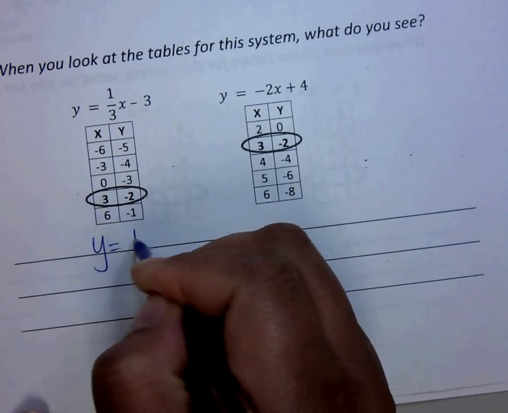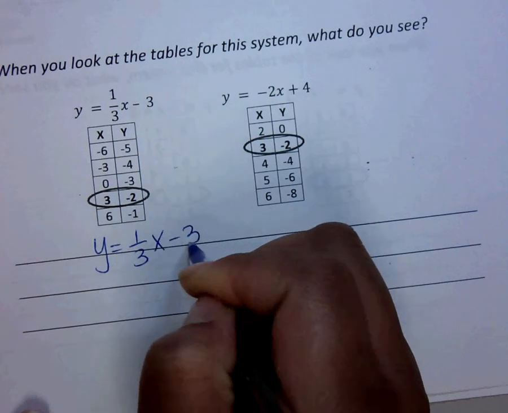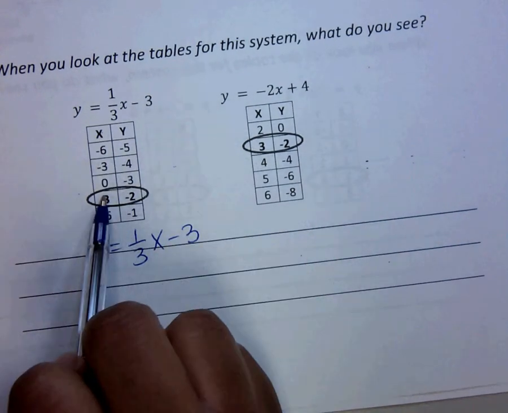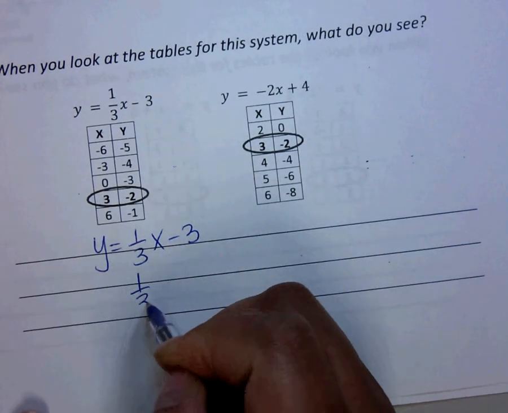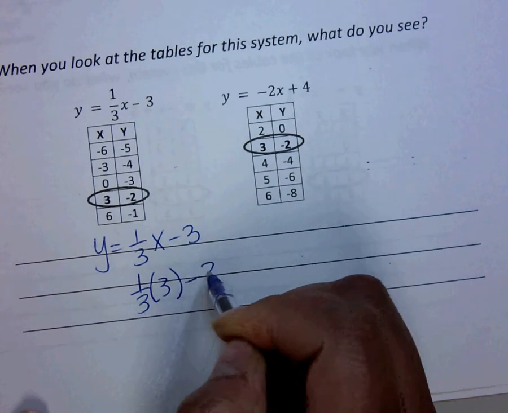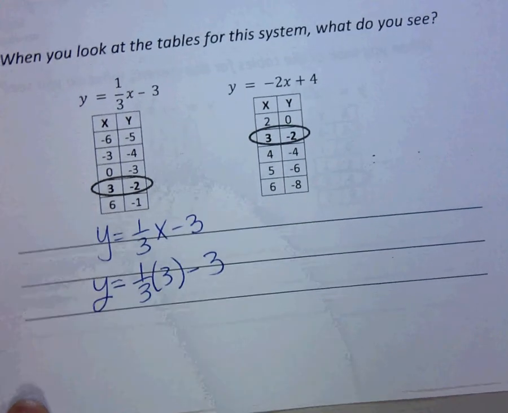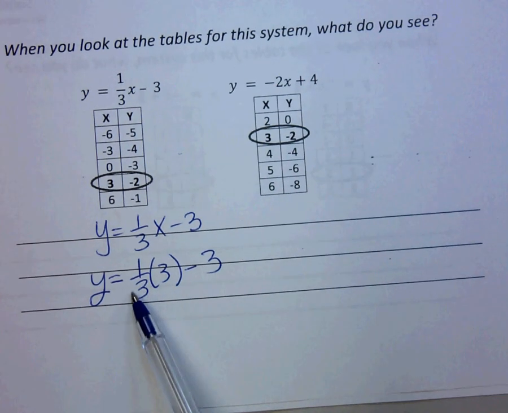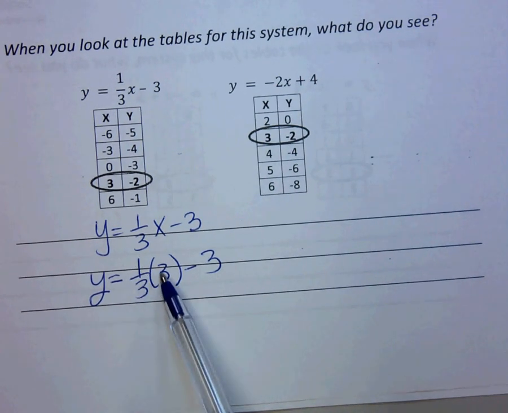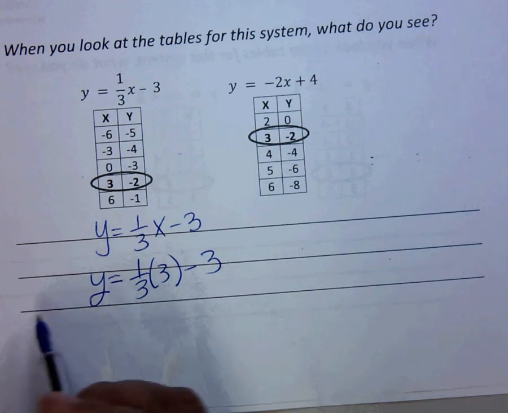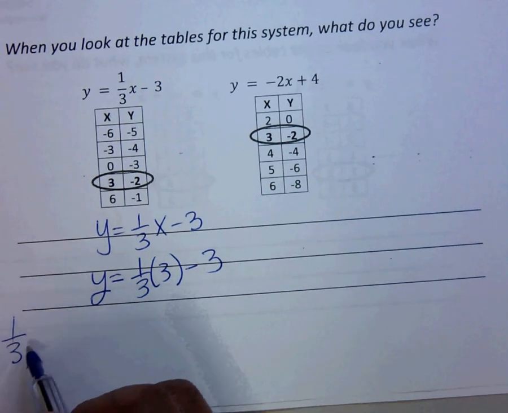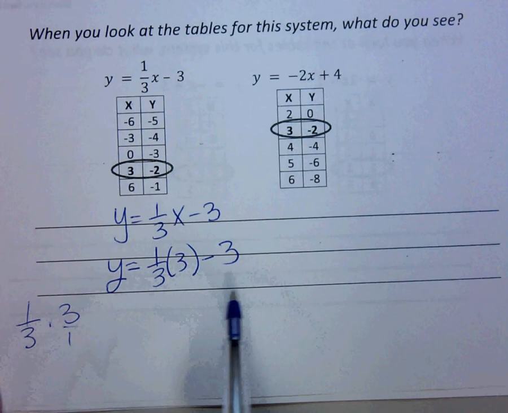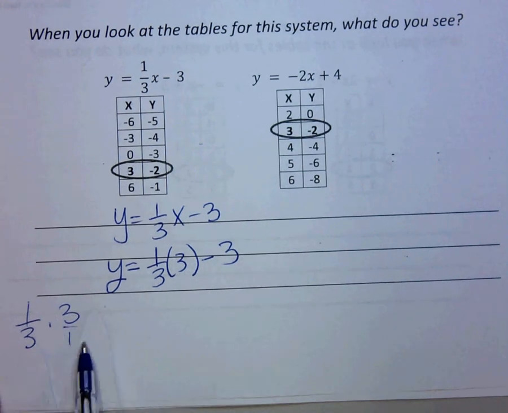So y equals 1/3 x minus 3. Let's plug in x, which is 3. 1/3 parentheses 3 minus 3 equals. Now for those that are saying, Miss, I don't get that. Okay, this is 1/3 of 3. That just means 1/3 times 3 over 1. That's 3 and 3.